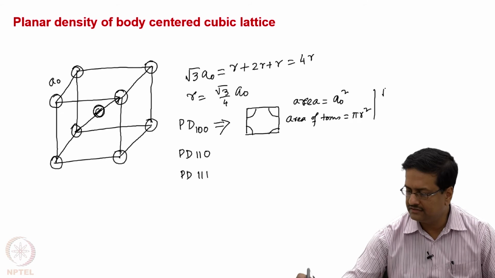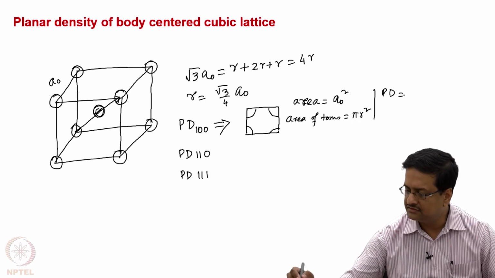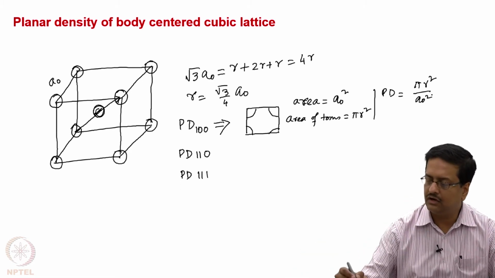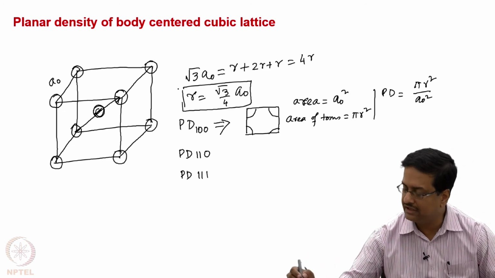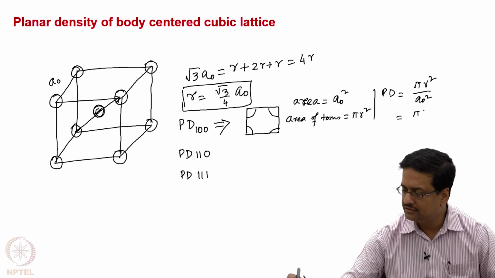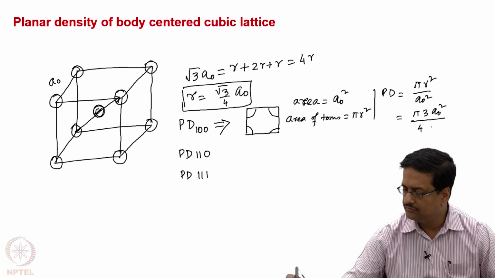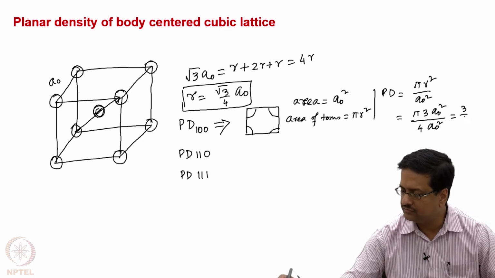So the planar density is equal to pi r square by a0 square, but now r is equal to root 3 by 4 a0. So pi 3 a0 square by 16 a0 square, which is equal to 3/16 pi.